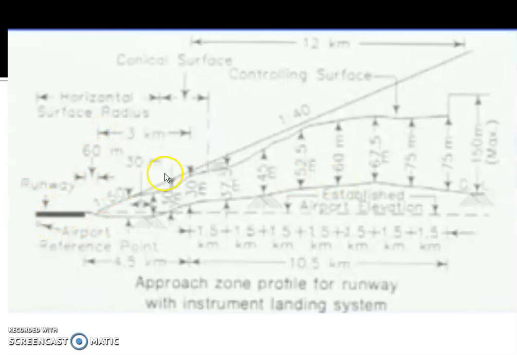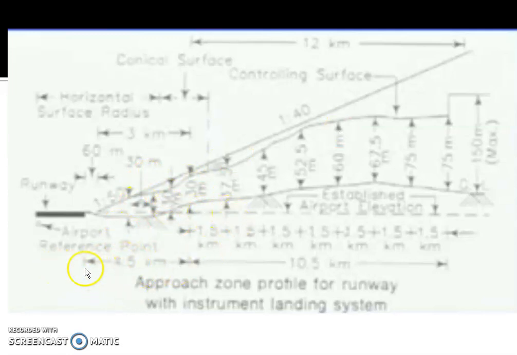This is the runway, and a 30-meter building height will be the starting height permitted. As the distance from the edge of the runway increases, the permitted height of the building will be higher. The slope followed is 1 in 50, an inclined line. This is the controlling surface. Beyond this, the growth of structures will not be permitted.